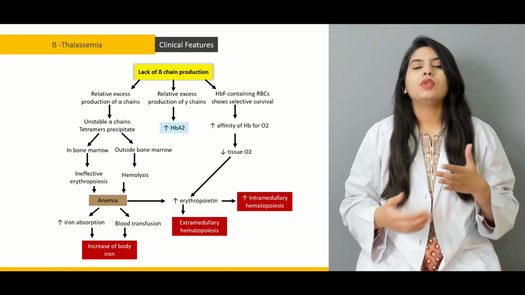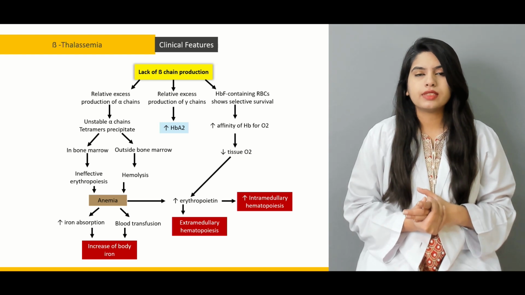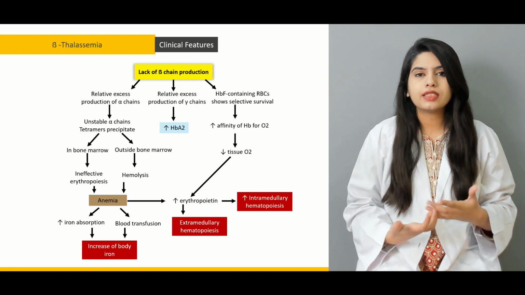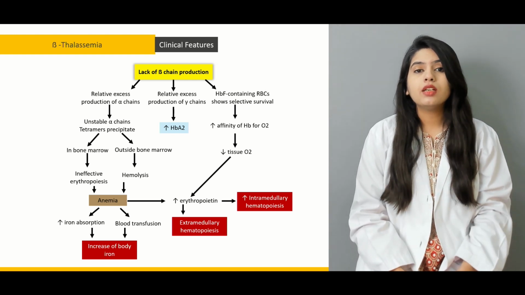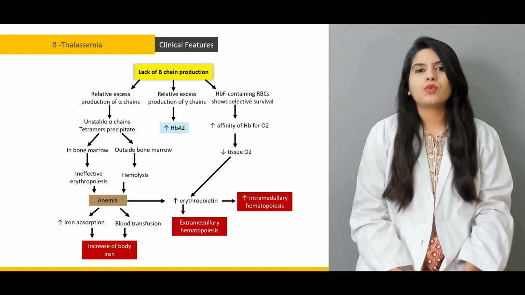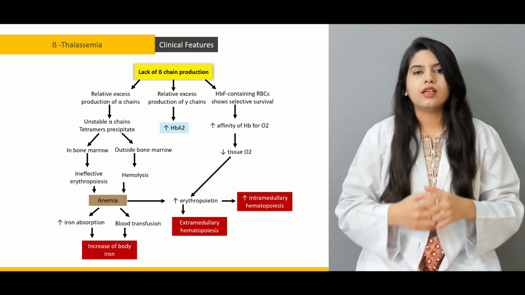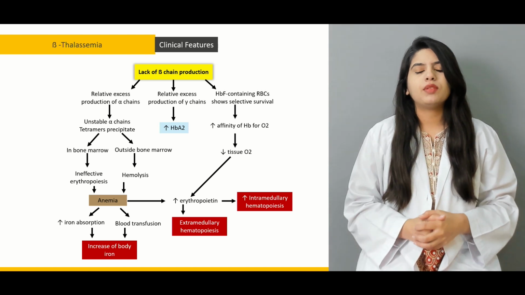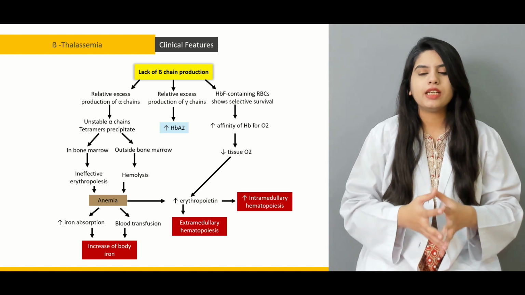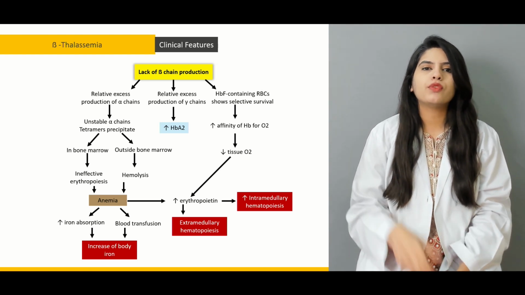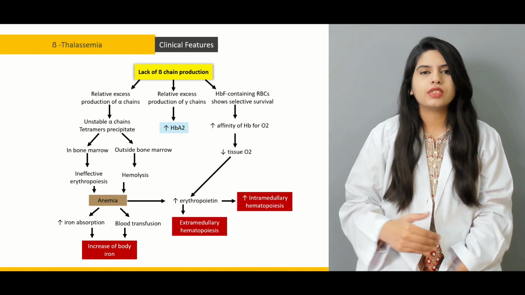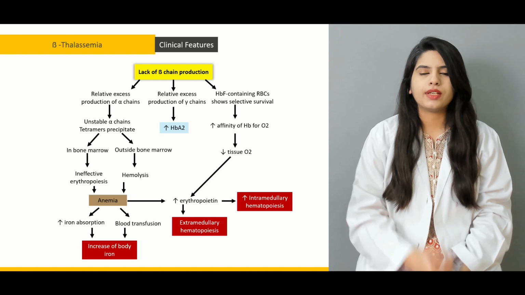That is, it will increase the erythropoiesis process, but obviously when there is a defect in the genes, the defect in the formation of the protein, hemoglobin, that's why the deficiency could not be compensated, and there will be an increase in both intramedullary and extramedullary hematopoiesis, that is the formation of red blood cells inside the bone marrow and outside the bone marrow, some other places inside the body as well.